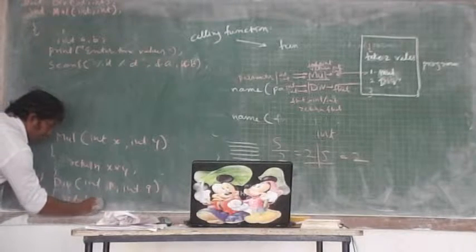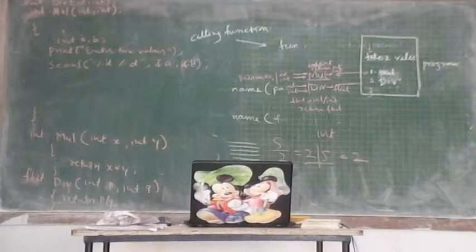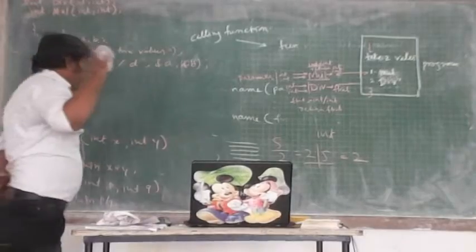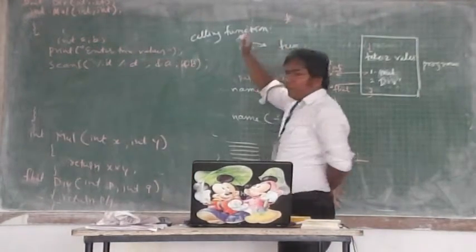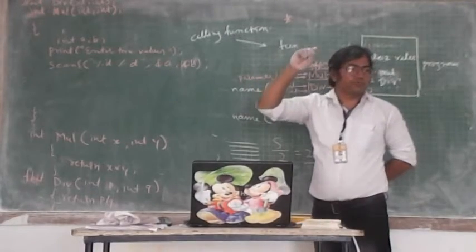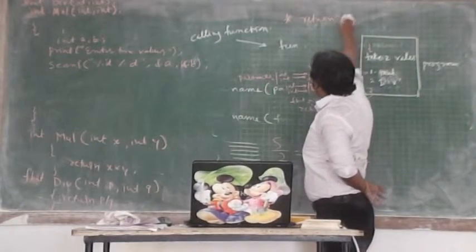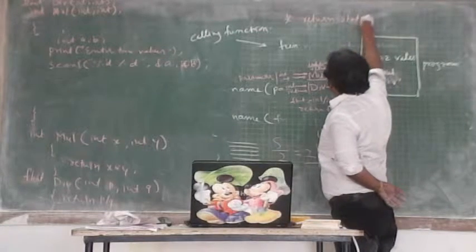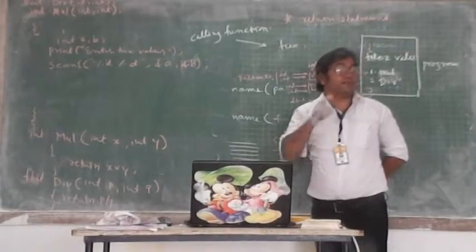It returns p divided by q. So a thumb rule you can consider again: every function should have a return statement as a last line of your function code.